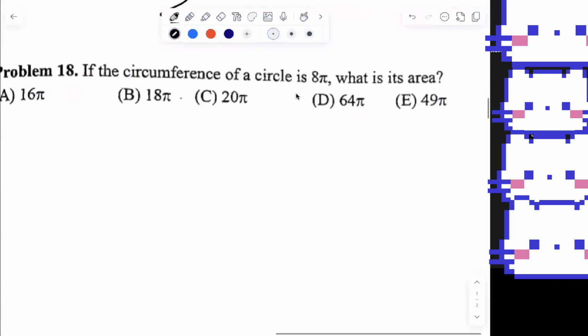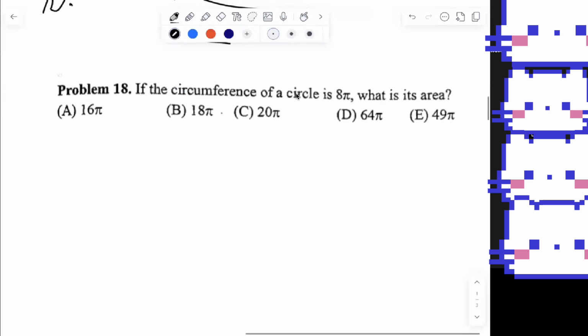Problem 18. If the circumference of a circle is 8 pi, what is the area? So 8 pi is equal to 2 pi r. We're going to find the radius, which gives us radius equal to 4. And then from there, it's pretty easy.